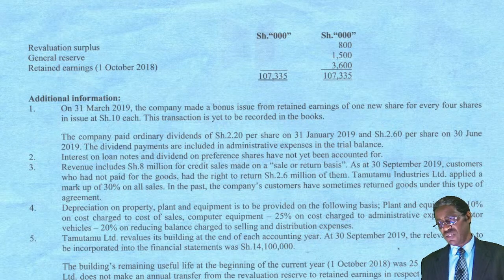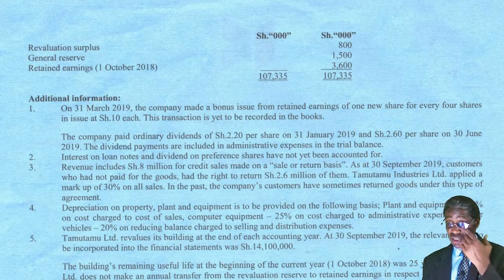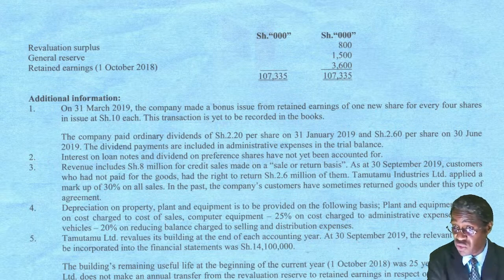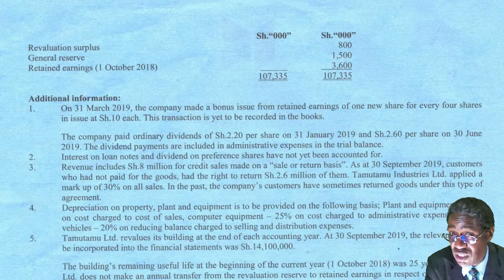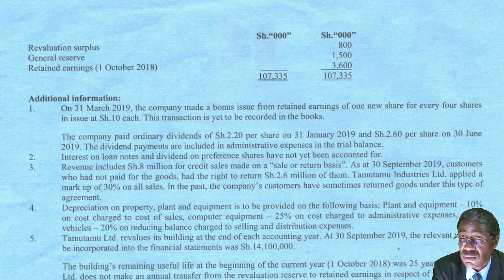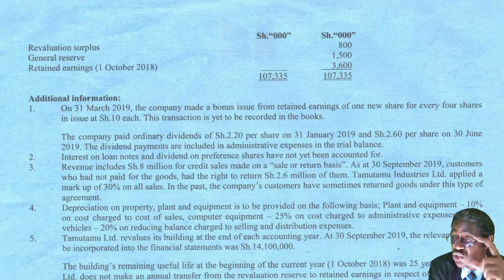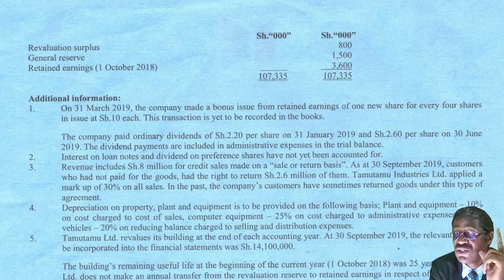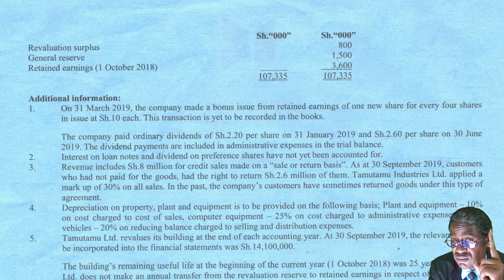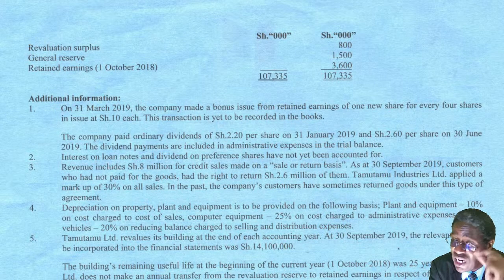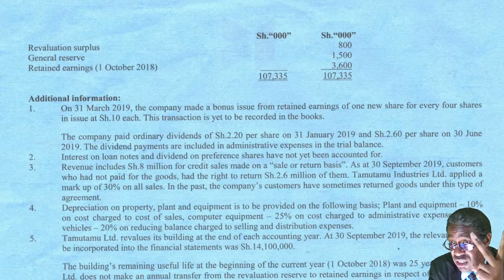in the trial balance. So, of course, listen, there they are testing you several issues. Let me take you through that. Note number one, the company issued some bonus shares on 31st March 2019. Then their company has a policy of paying dividends twice in a year.